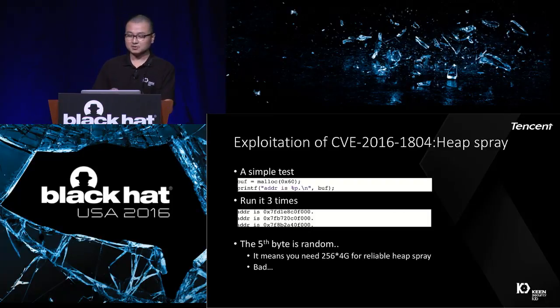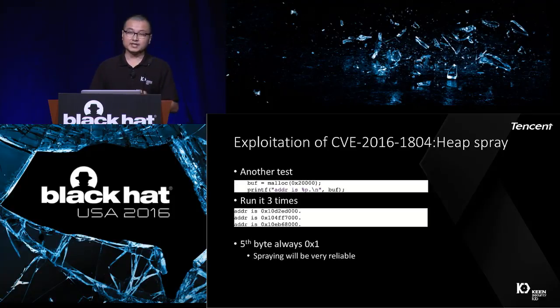And the next thing we were thinking about is Heap Spray. So we did a simple test on OS X, and we found that the memory is very random, which means we need maybe 1,000 gigabytes, 1 TB, for a reliable Heap Spray, which is very bad. But when we try a bigger allocation, then we find the address is less randomized.